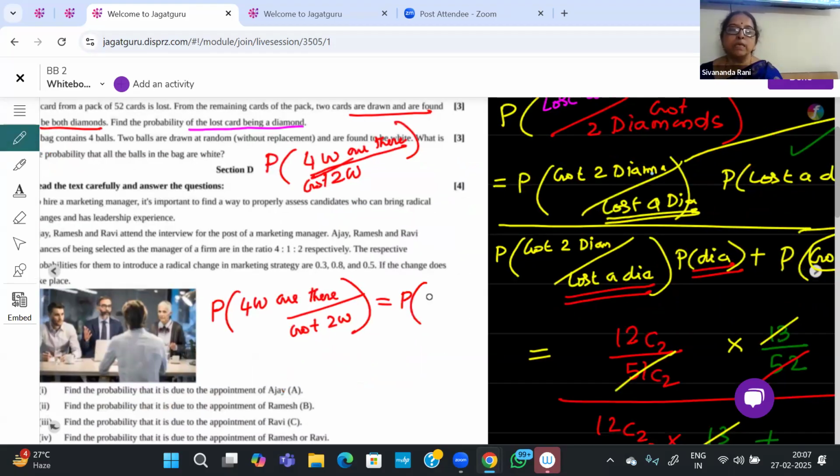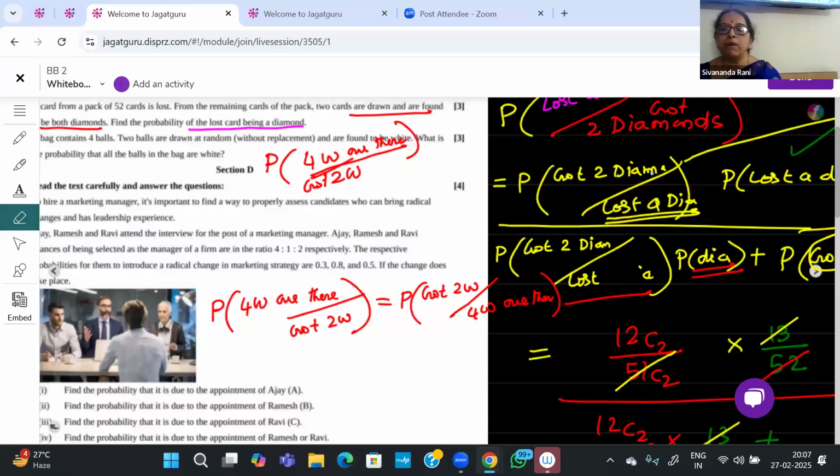If I think of the reciprocal, I got 2 white when there are 4 whites in the bag, and the probability for it to be having 4 white. Probability bag has 4 white.